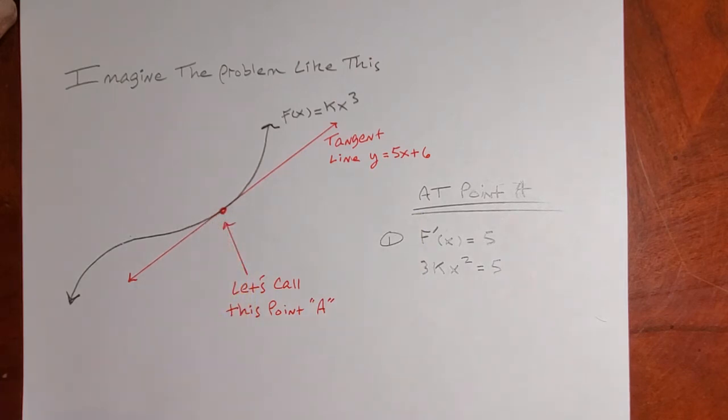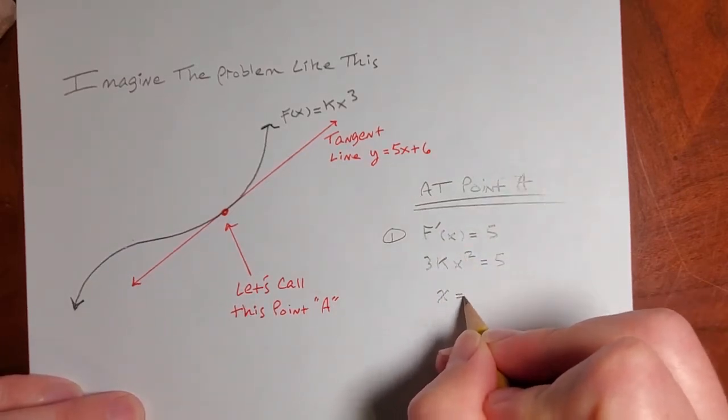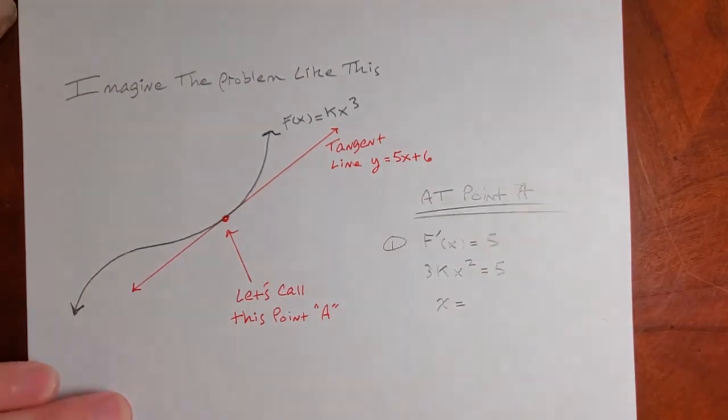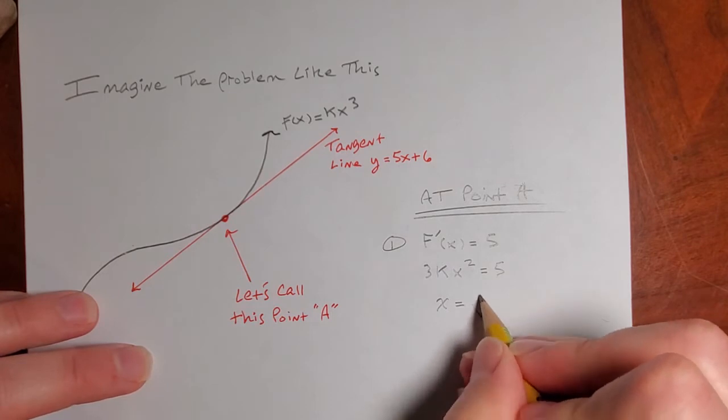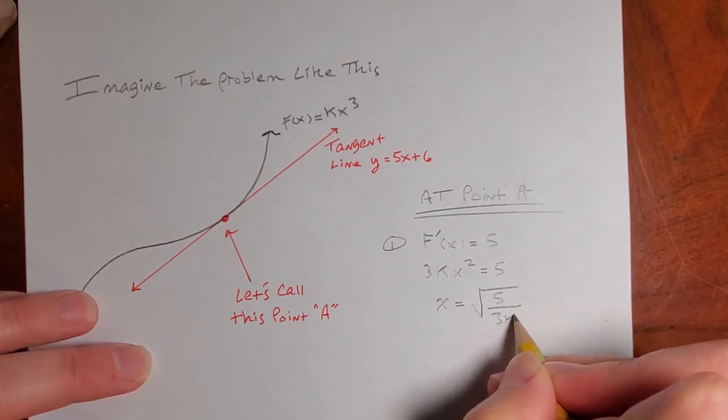Okay, so we get that, and I need to know something about point A. I would like to know what the x-coordinate is and what the y-coordinate is. I can tell you the x-coordinate here. Imagine if I divide by 3k and then take the square root, then I'll get the square root of 5 over 3k.